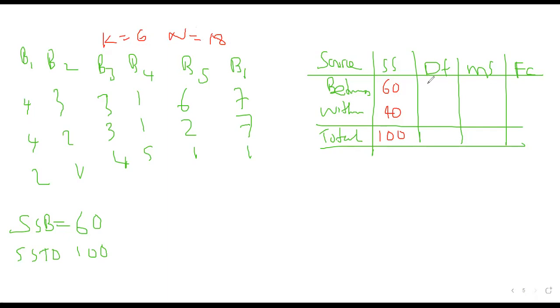Collins, how do you come up with the K and the N? The K is the number of treatments, the columns: 1, 2, 3, 4, 5, 6. The N is the total number of observations: 1, 2, 3, up to 18.